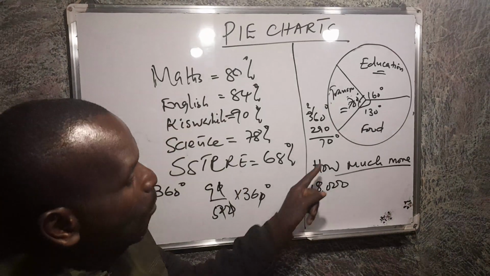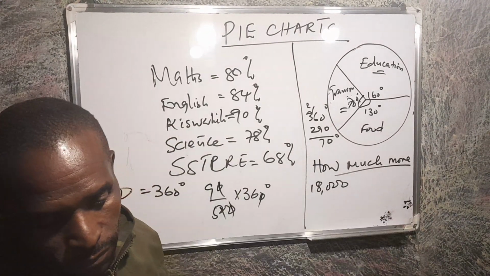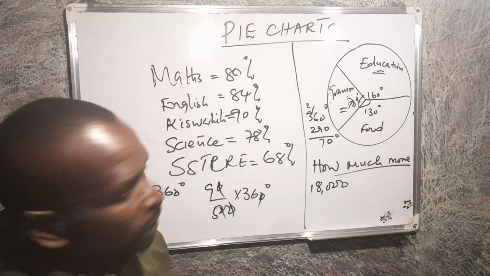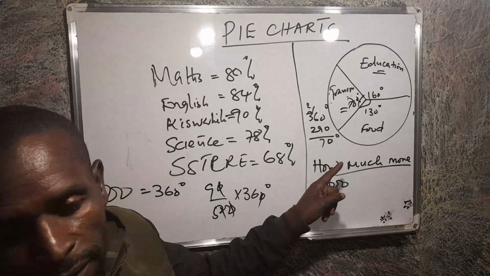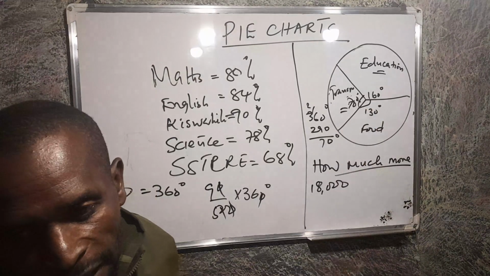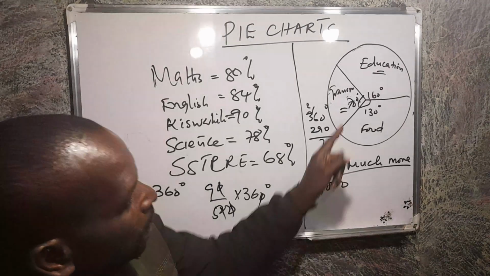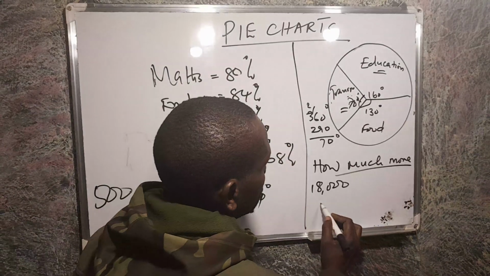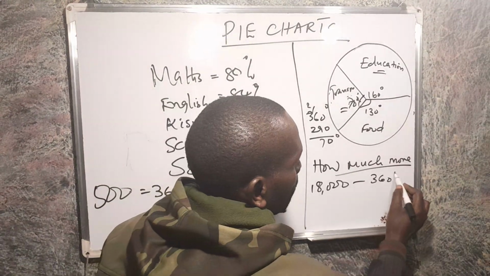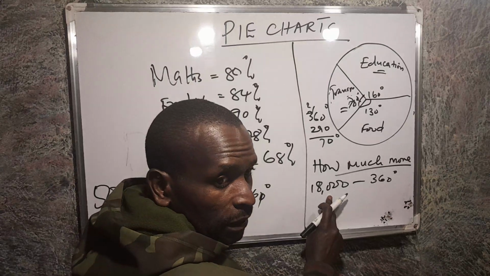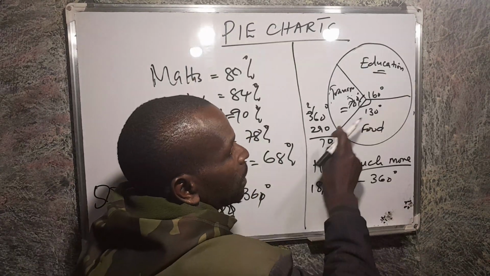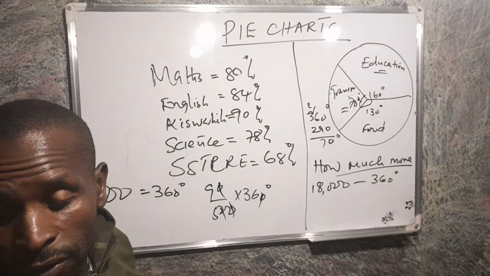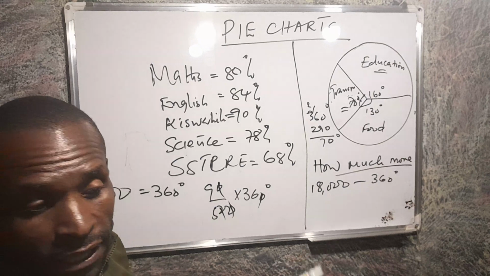You are asked how much more did she spend on education than transport? Stop saying you must first calculate how much money education gives, then how much money transport gives. If 360 degrees is represented by the total earning, just subtract the two degrees, the upper one and the lower one.